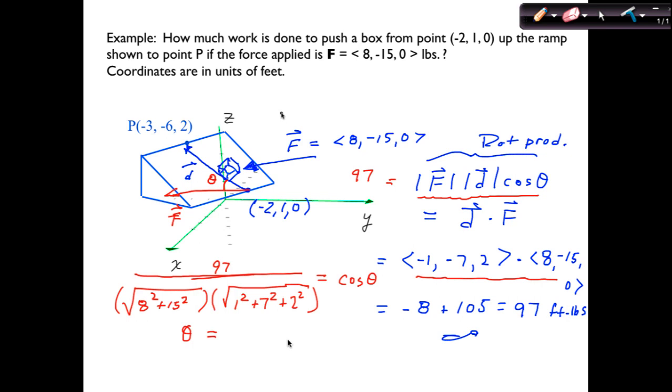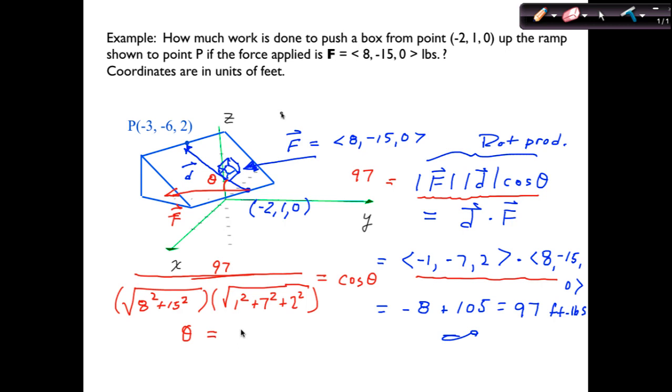Did you get something? I have the value for the vector magnitude of F, which is 17, so I'm just working it out. 97 over 17. It's going to be an acute angle, maybe 20, 30, 40 degrees, something like that, I'm guessing. As soon as you get an answer, shout it out. We'll get confirmation and move on. 39.1.